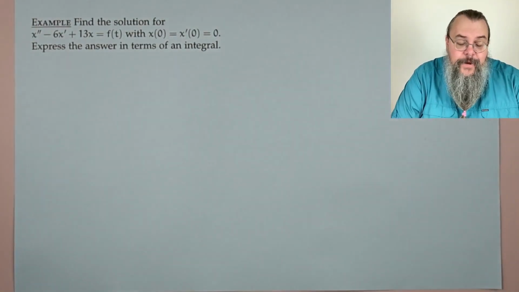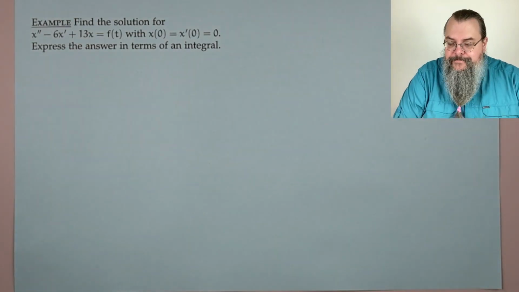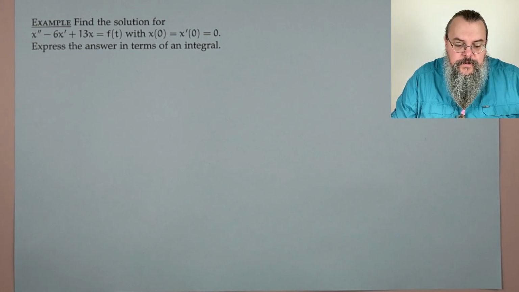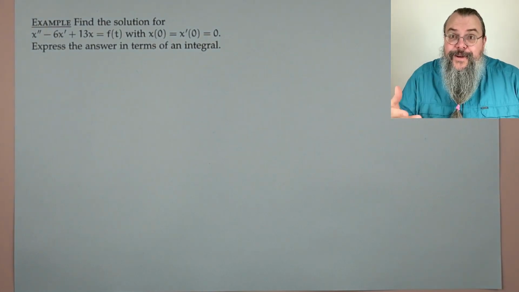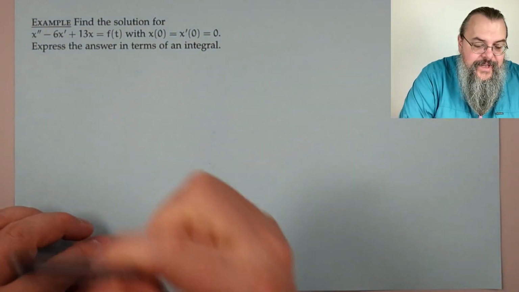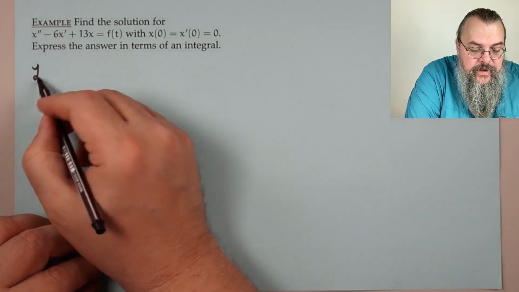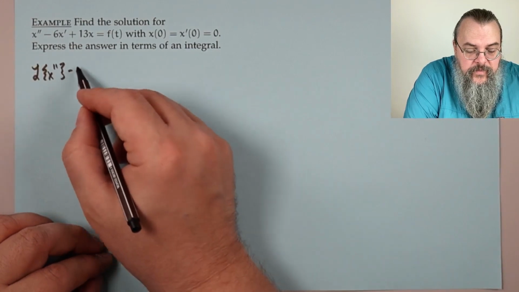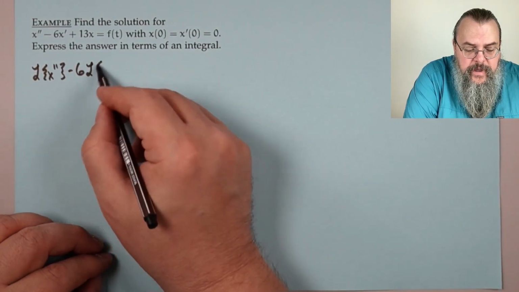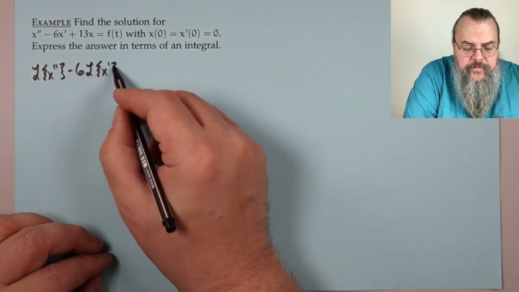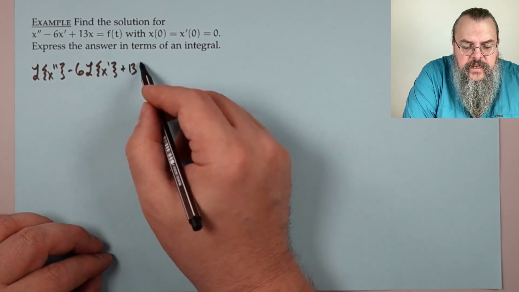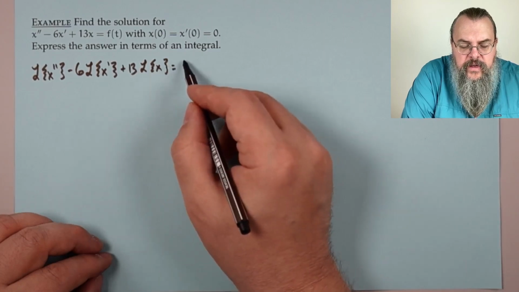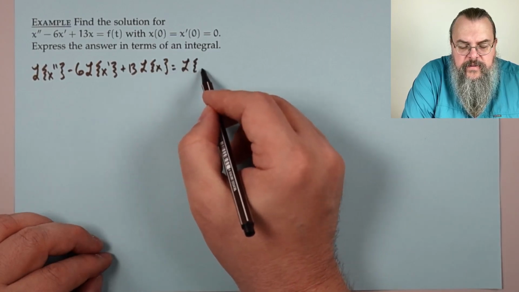All right. Well, how does this work? Well, what we do is we start by doing the Laplace transform of both sides. So this would be Laplace transform of x double prime minus 6 Laplace transform of x prime plus 13 Laplace transform of x equals Laplace transform of f of t.